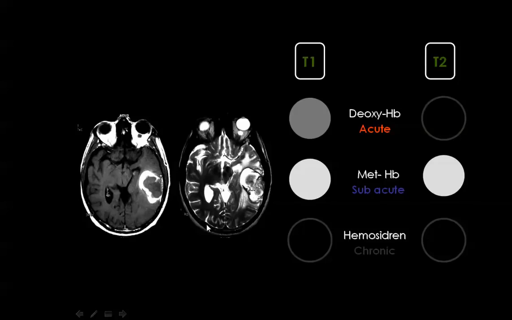Then outside the rim of the hemosiderin, you will see high signal representing the edema surrounding the hematoma, and the edema is of low signal in the T1 weighted image, so you cannot appreciate the edema in the T1, but you appreciate its mass effect. Here you can see the cortical sulci. Here you cannot see the cortical sulci. They are effaced, and the ventricle is also compressed.